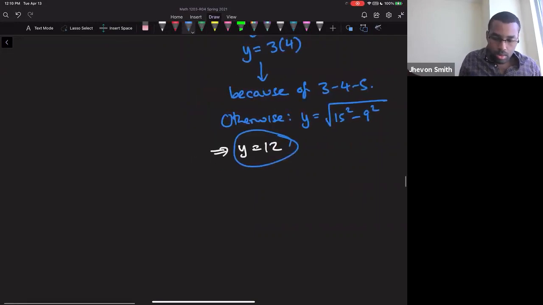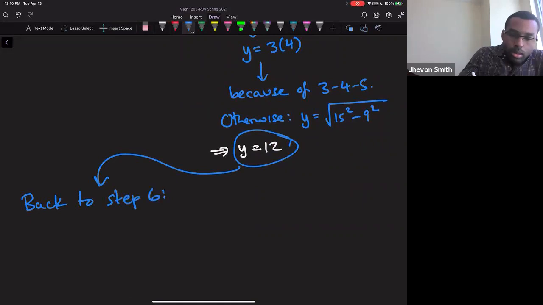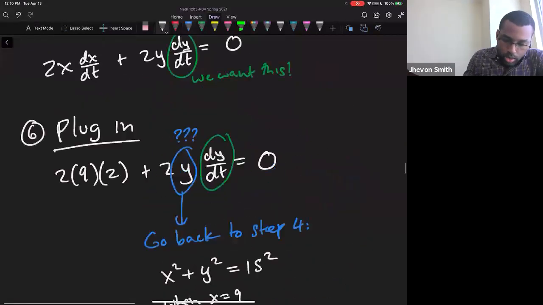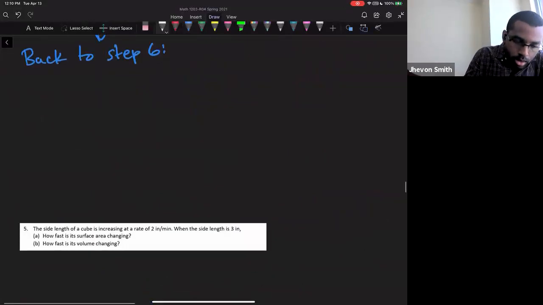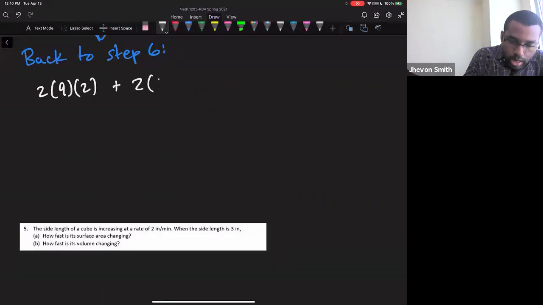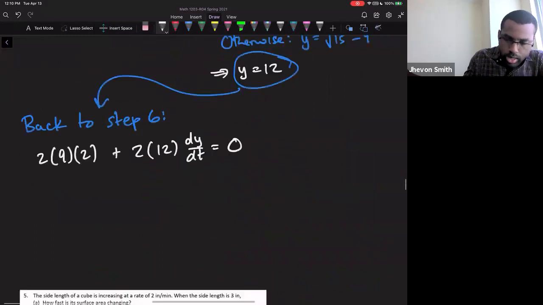So now you go back to step 6. All right, so step 6, we had 2 times 9 plus 2 times 12 dy/dt, right?